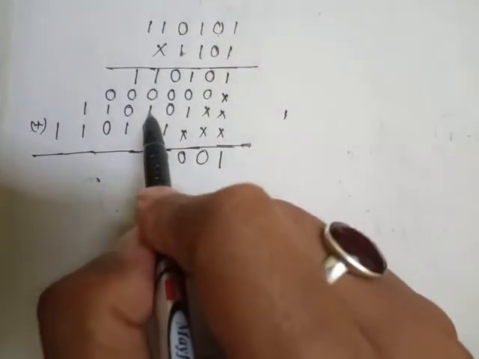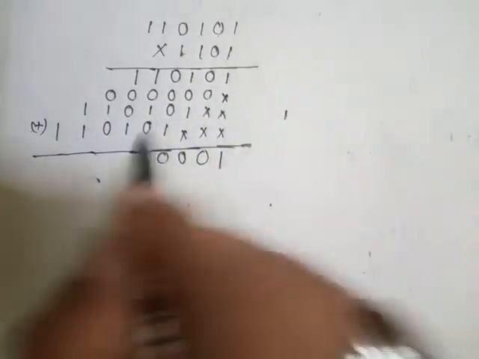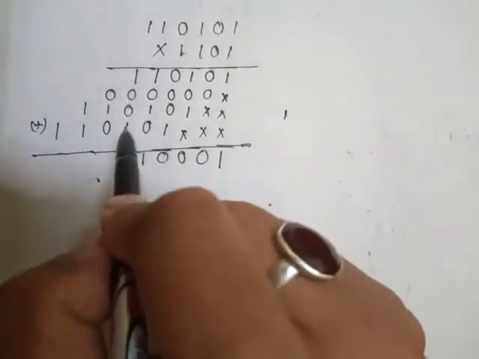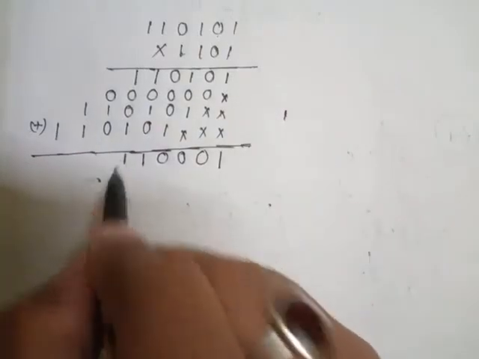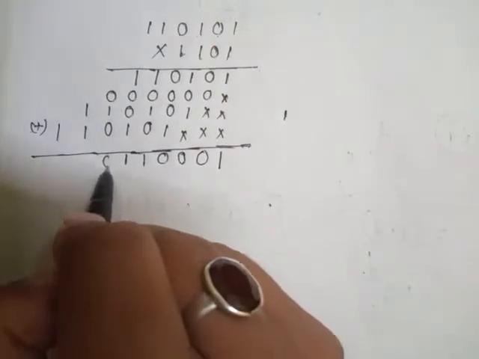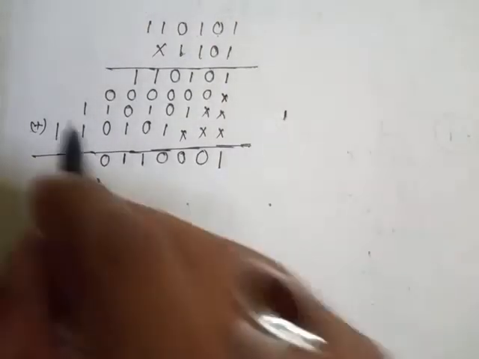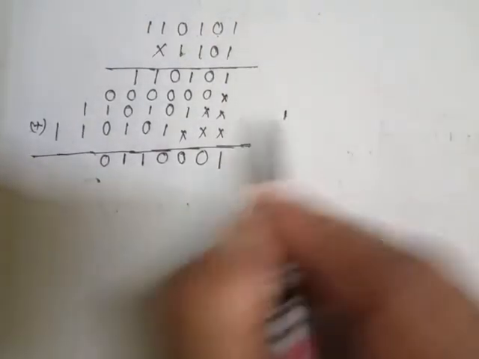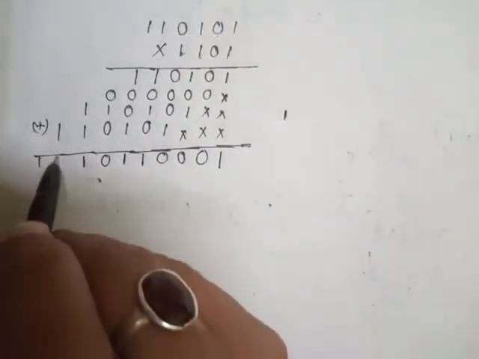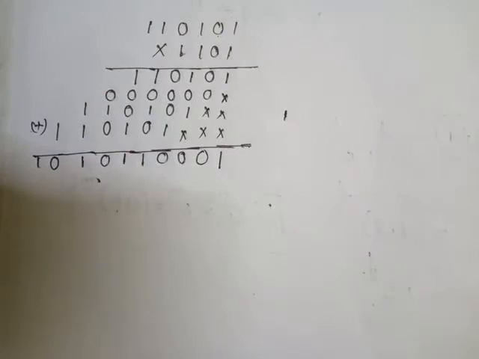Now 1 plus 1 again 10, 10 plus 1 is 11, so 1, carry 1. Now here also 1 plus 1 is 10, carry 1 means 11, carry 1 again. Now 1 plus 1 is 0, carry 1 again. 1 plus 1 is 10, again 1 makes 11, carry 1, and 1 plus 1 is 10. This is the answer of the binary multiplication.